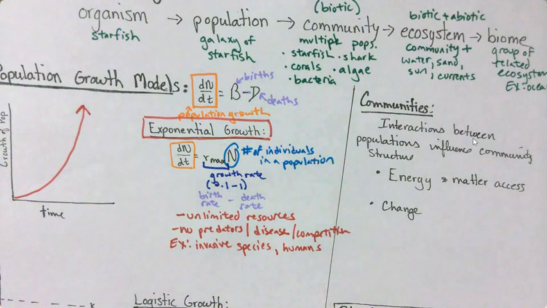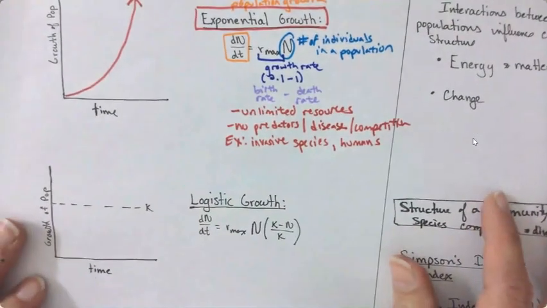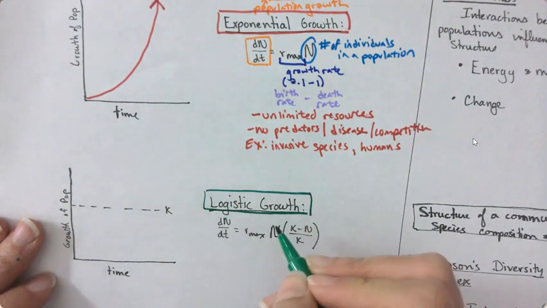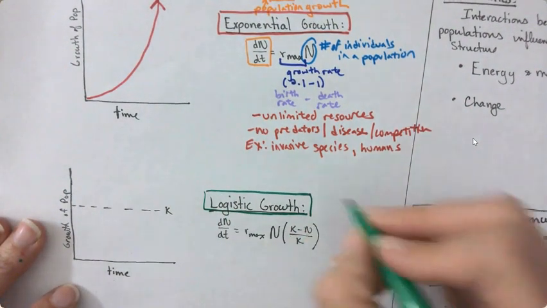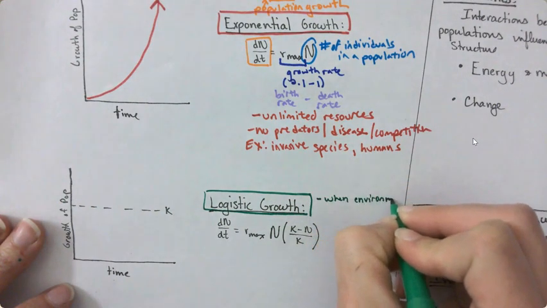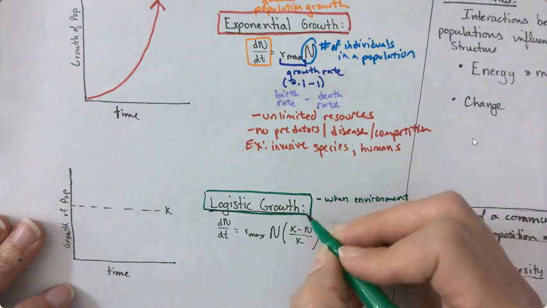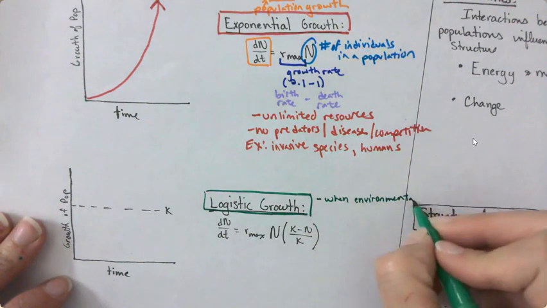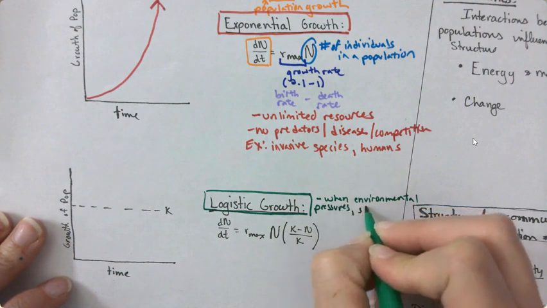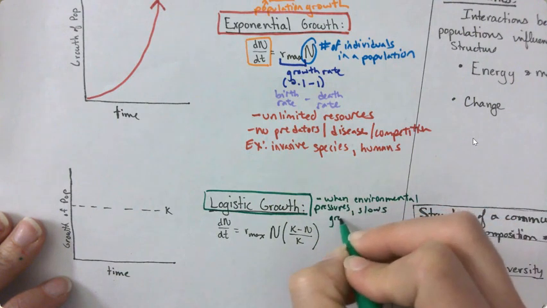Okay, so that's not the only way populations can grow. And in fact, that's not the primary way populations grow. When we think about how populations grow, we're often looking at logistic growth. Logistic growth is the idea that when environmental pressures impact organisms, this slows growth rate.